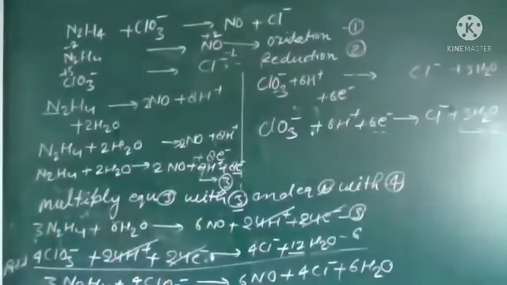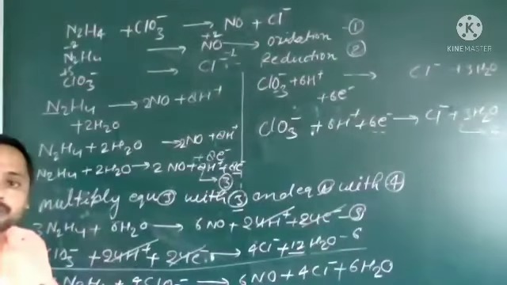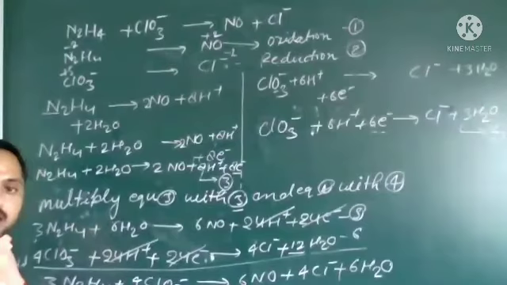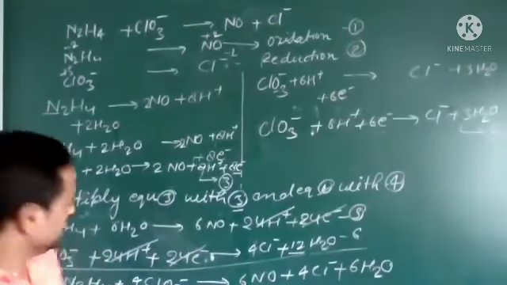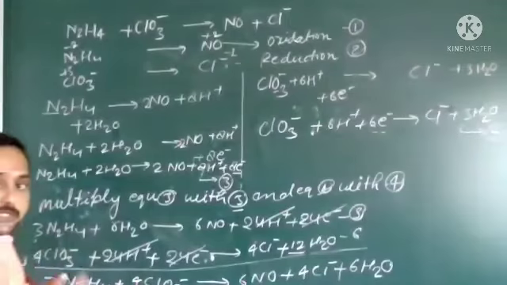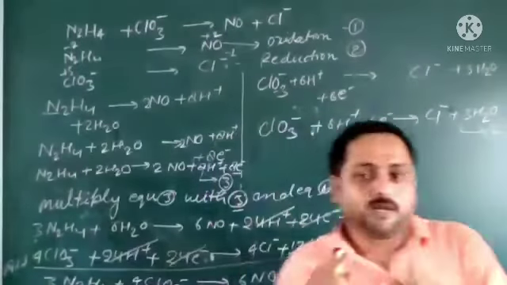And one point I would like to tell you here. There is no hydrogen, means there is no H plus ion here. So we need not add OH minus ion. In the previous question, you saw that there was H plus.